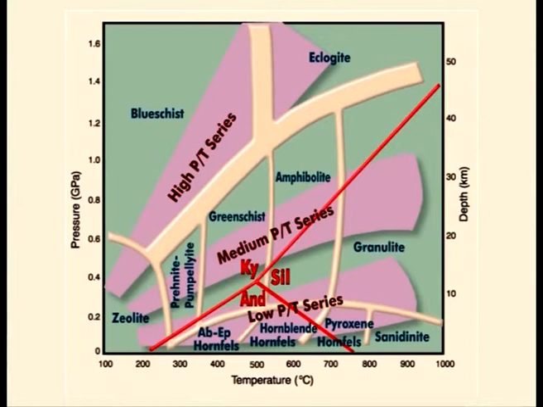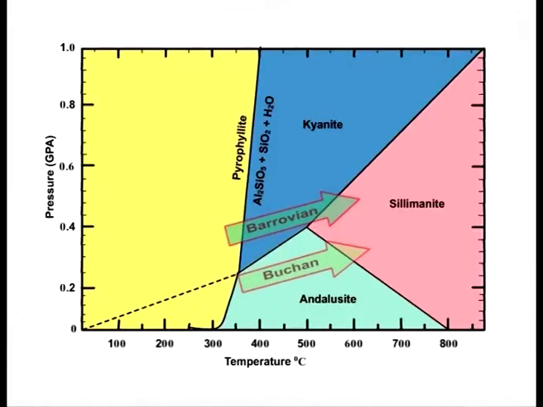Second, a typical Barrovian type, characterized by Greenschist, epidote amphibolite, Granulite, with the paragenesis of kyanite, sillimanite type. And third, an Abukuma type of Greenschist, Amphibolite, Granulite, characterized by the paragenesis of andalusite, sillimanite type.